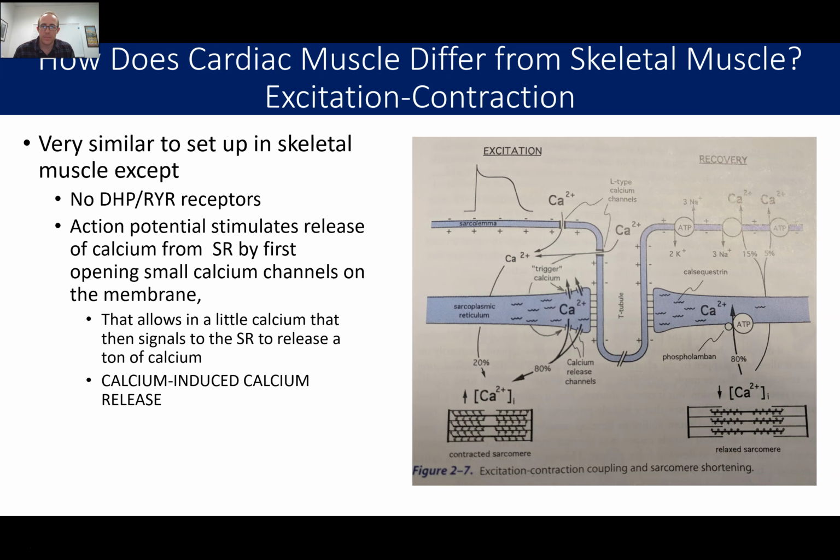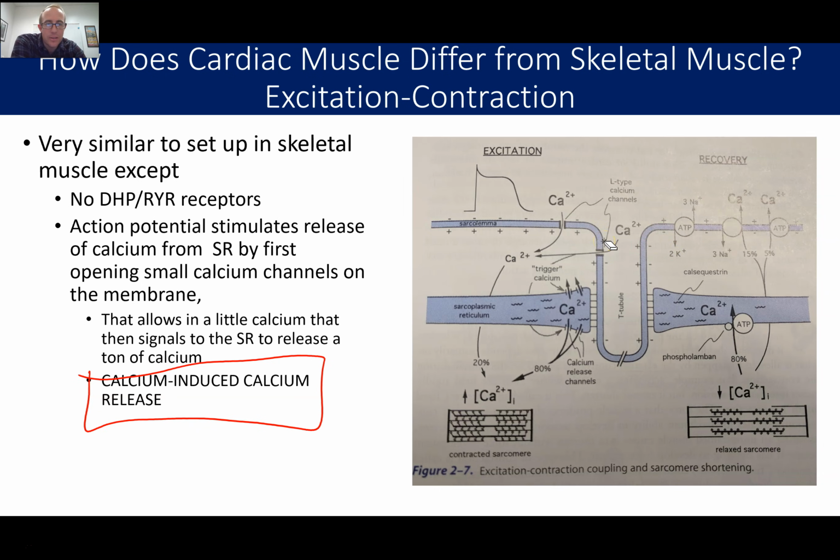We don't have the DHP receptors or ryanodine receptors linking the action potential in the T tubule to the SR in cardiac muscle. We use a different mechanism, called calcium-induced calcium release. When you generate an action potential, we still have the sodium-potassium ATPase pump and all these other things going on just like before.